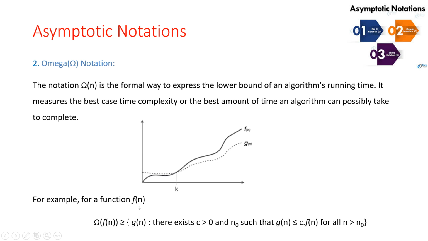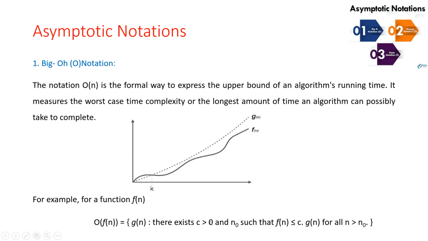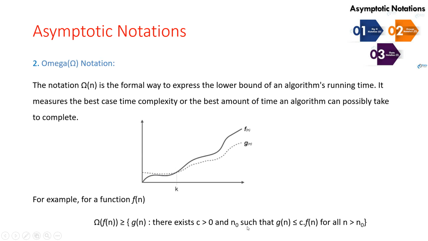Here again, consider the function f of n. So if f of n is greater than or equal to g of n, see here like this. This is our g of n, and our f of n is greater than g of n, so there exist c greater than 0 and n0 such that g of n is less than or equal to c dot f of n for all n greater than n0.